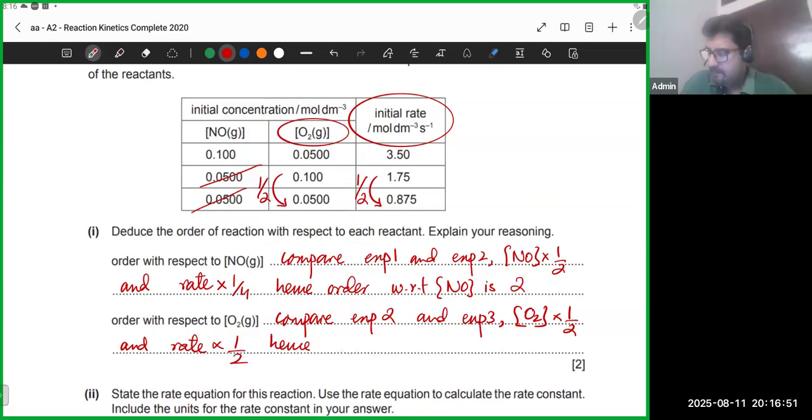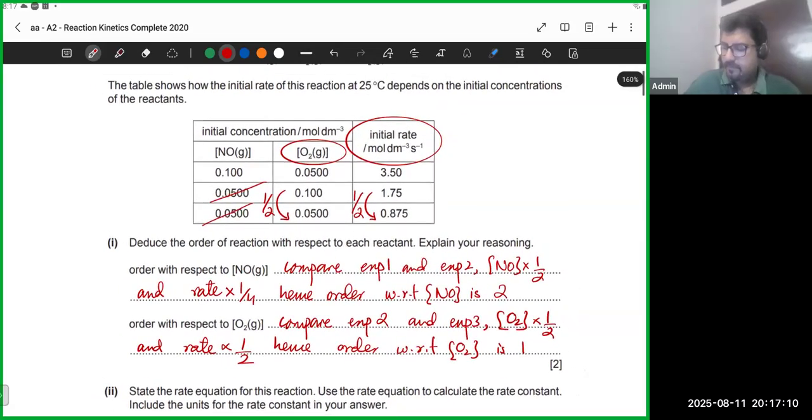Hence, it's order 1. Order with respect to O2 concentration is 1. So I figured out the order with respect to both of them. Is this clear? Yes, sir.